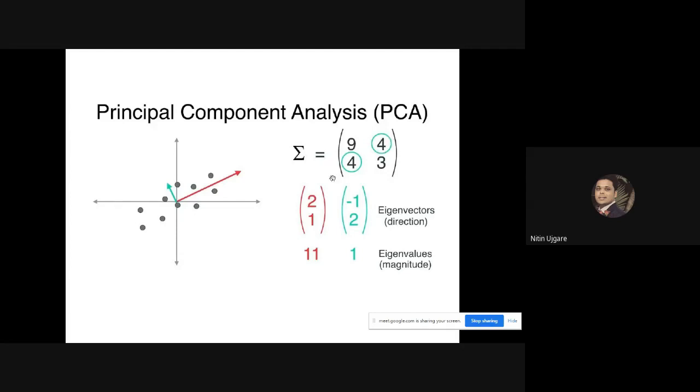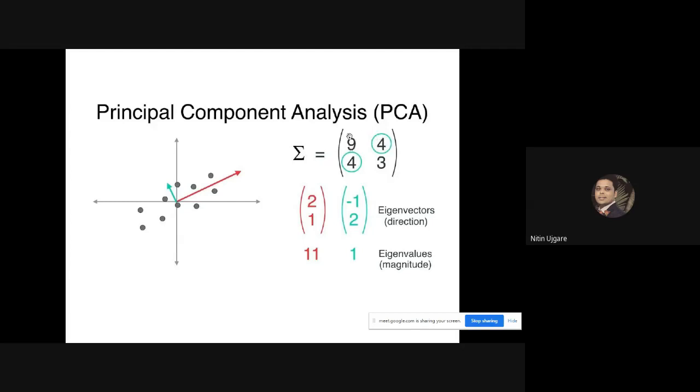Covariance is always there between x and y coordinates, but variance is there for either x or y. So this is the variance of the x coordinate, this is the variance of the y coordinate. However, this is the covariance for x and y coordinates, and this is also the covariance for x and y coordinates.